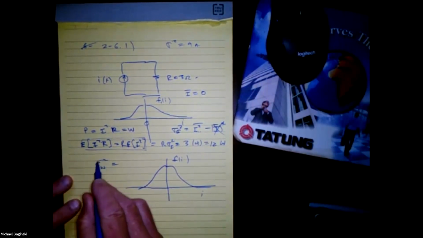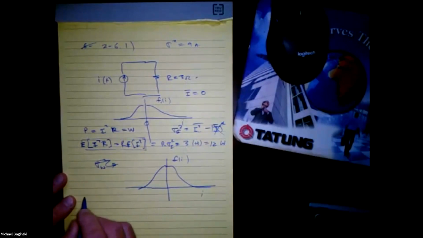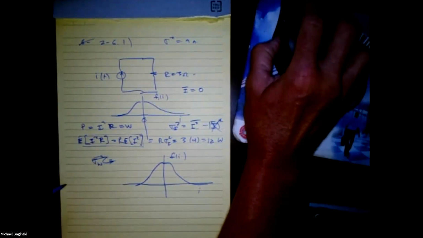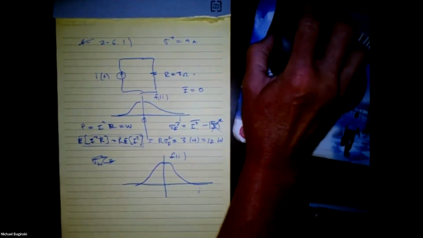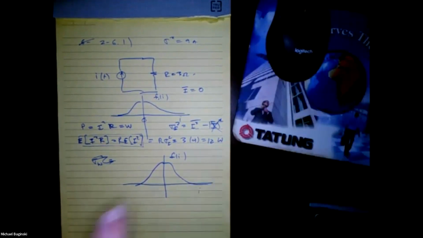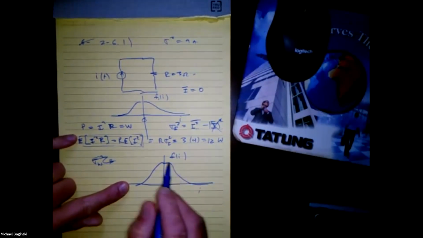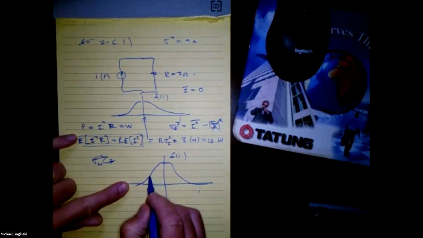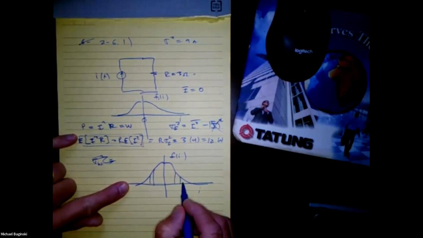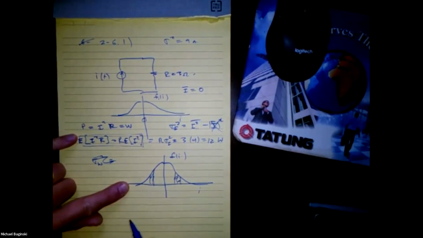Before I go through the probability business here, because the power is I squared R, we look at 2 different regions for the probability of these events occurring for a given power probability.